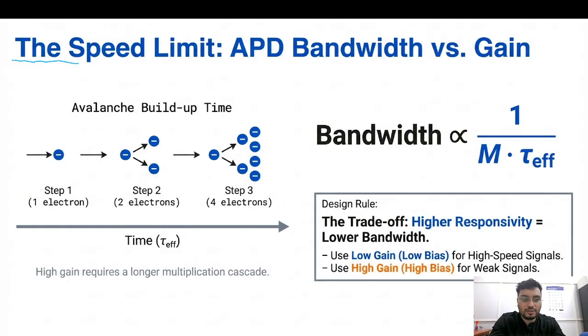So that is secondary for a while. But the first thing is bandwidth and gain. If you are increasing the gain, let's suppose up to thousands of times, then bandwidth will automatically decrease. So it's inversely proportional.